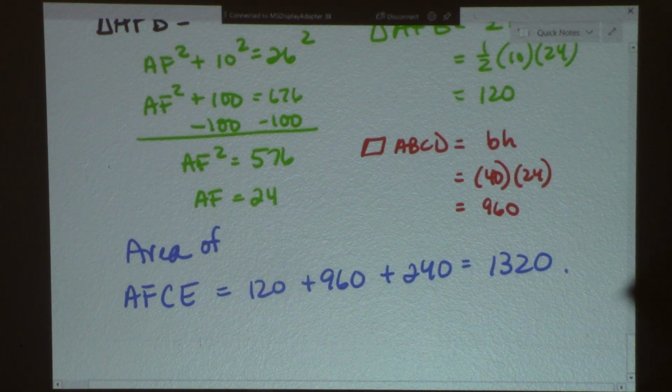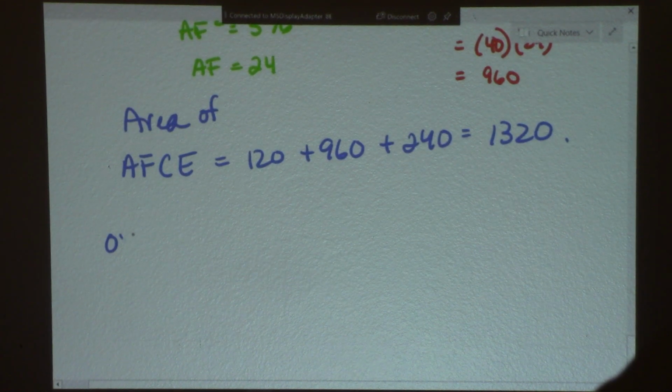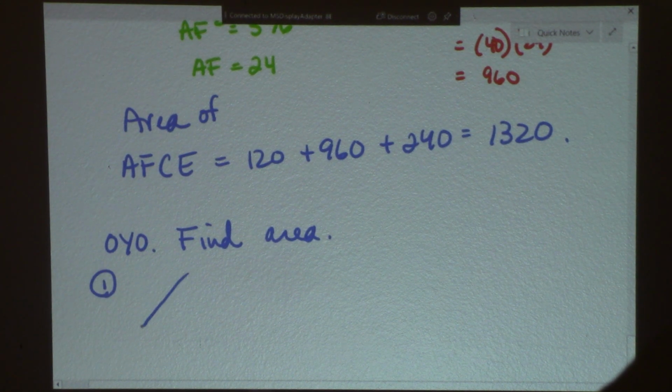All right, I'm going to give you a few problems and you can get started. So let's write them all down. Find the area. Number 1. Sorry, my picture isn't very good.